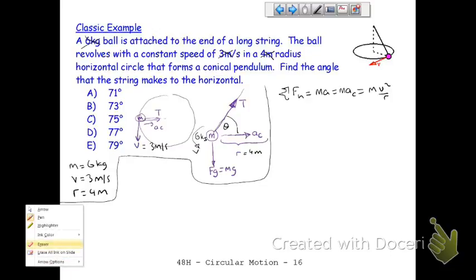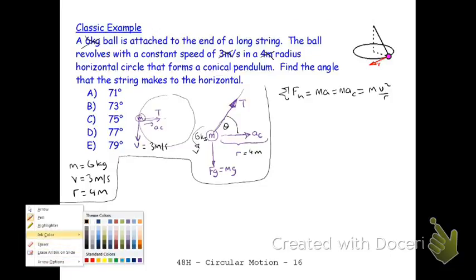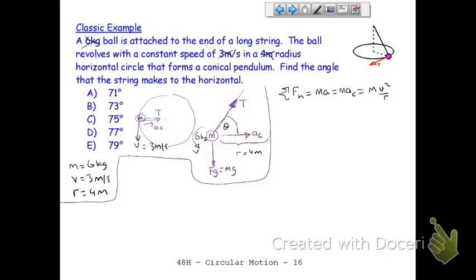I'm going to change colored pens again so you can see it. So there's my 4. I'm going to drop this down and put that guy in. So there's my horizontal component of my tension. And this is going to be T cosine theta. Can you see it? T cosine theta. It's the only horizontal component of anything.